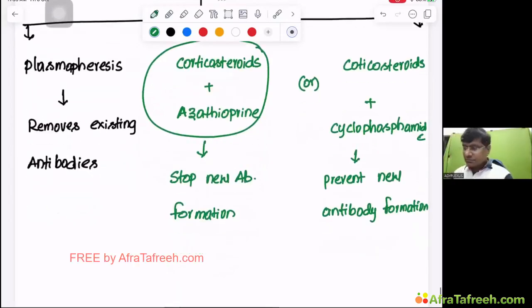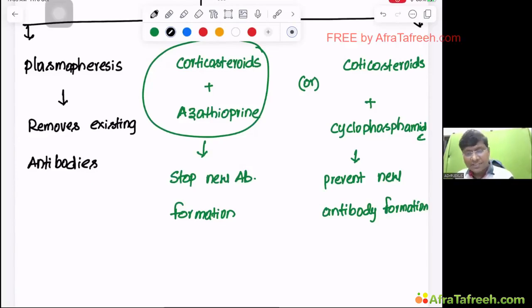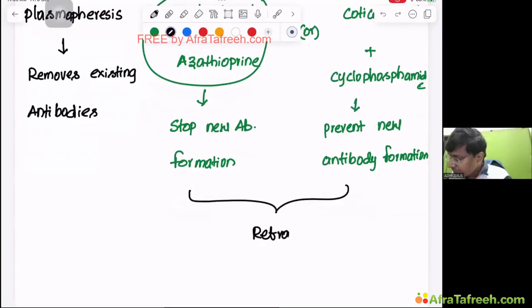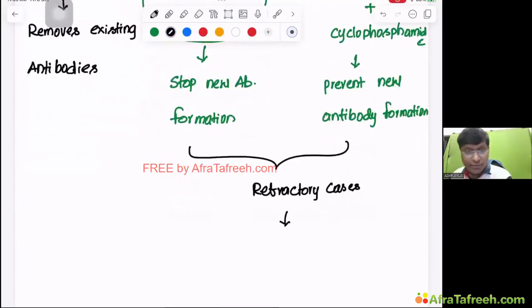Okay. Now, suppose you have given these two combinations, but the individual is refractory. Still, the patient is having that antibody formation. So in refractory cases, you should give a monoclonal antibody, that is rituximab.